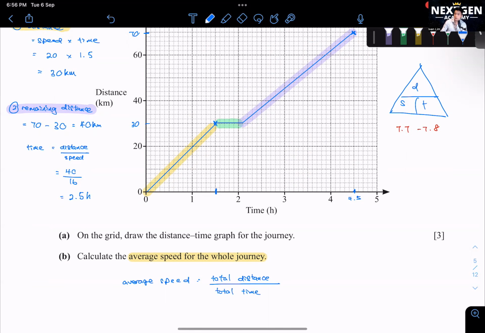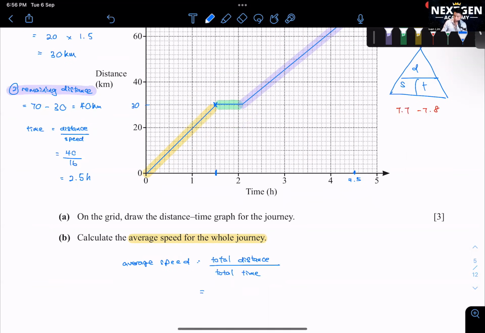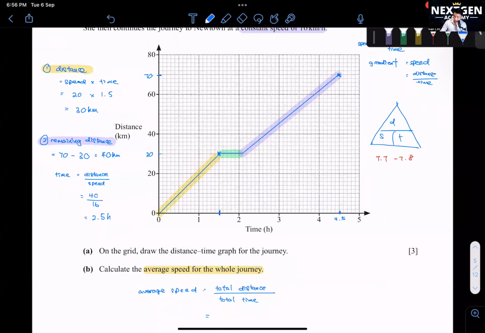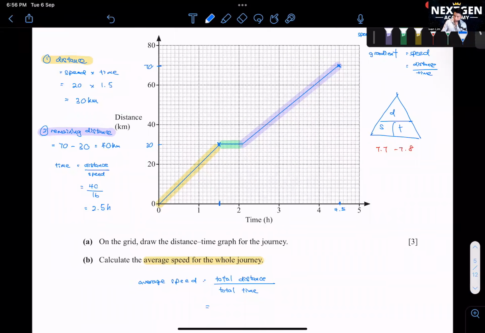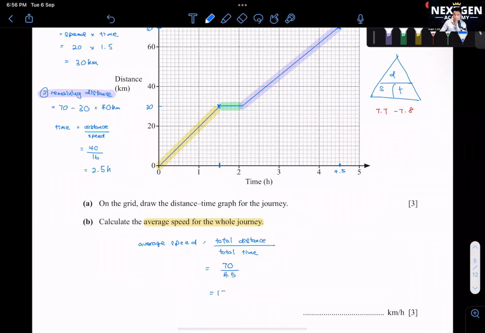So what will you get? Total distance is 70 km. Your total time is 4.5 hours. Then just type in the calculator, and you will get 15.6, right? Okay, 15.6.